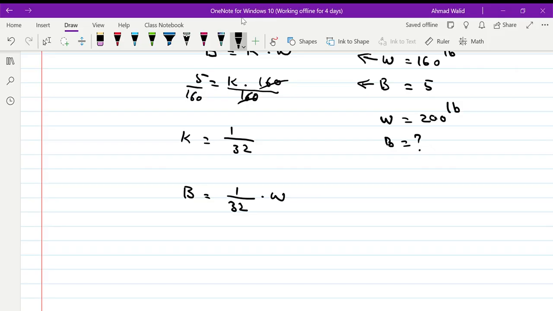Now I'll focus on the last part of the problem. W is given. I have to find B. I'll replace the value of W in this equation. Then I can write B equals 1 over 32 times 200.